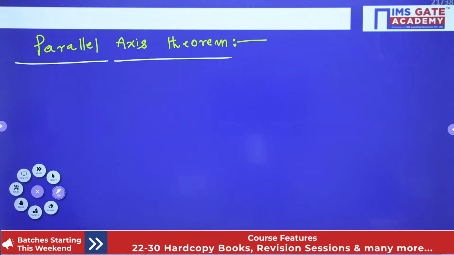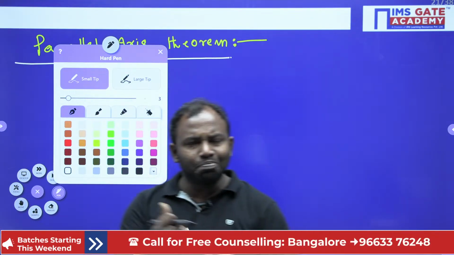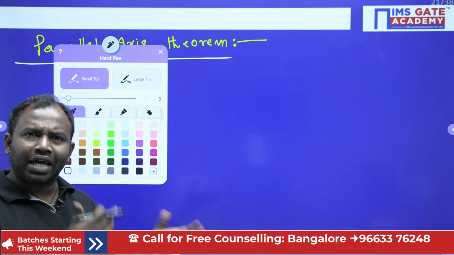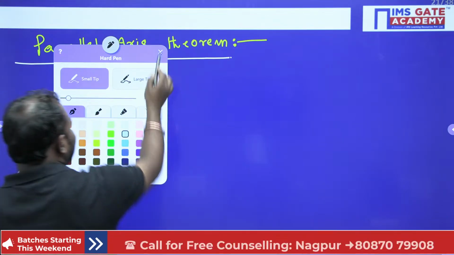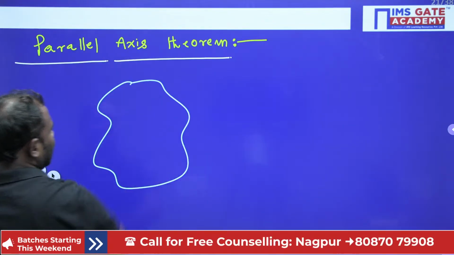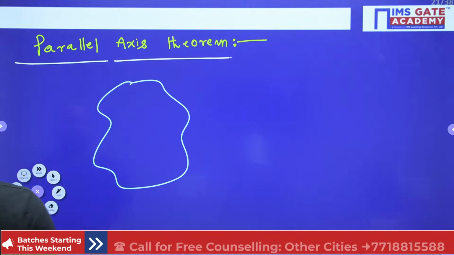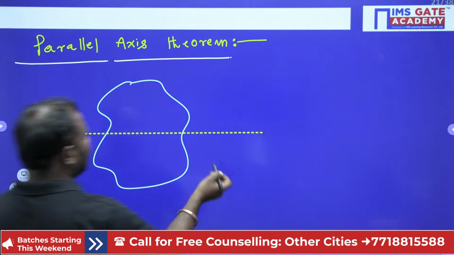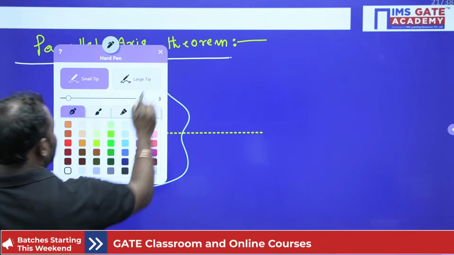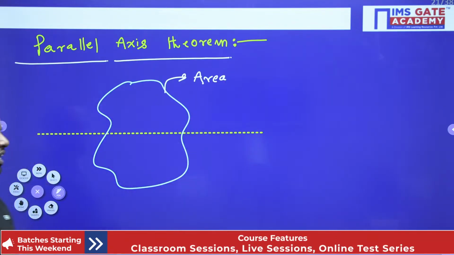Now, what does the parallel axis theorem state? I just don't want to go through the statement and prove all these things. You just remember it in a simple, shortcut way, and I'll explain it with the help of a diagram. Okay, right. Now here I'm considering an area, right?